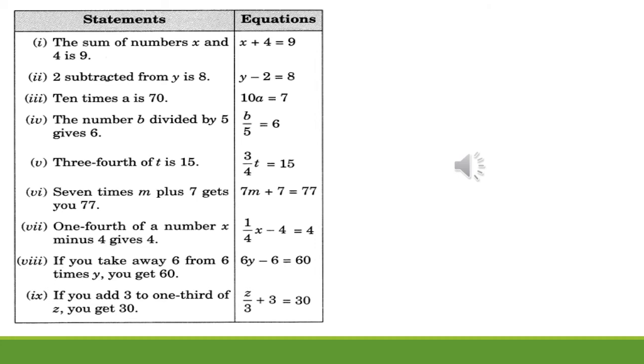So 6y minus 6 is equal to 60. Part 9. If you add 3 to 1/3 of z, you get 30. 1/3 of z is z by 3 plus 3 is equal to 30.